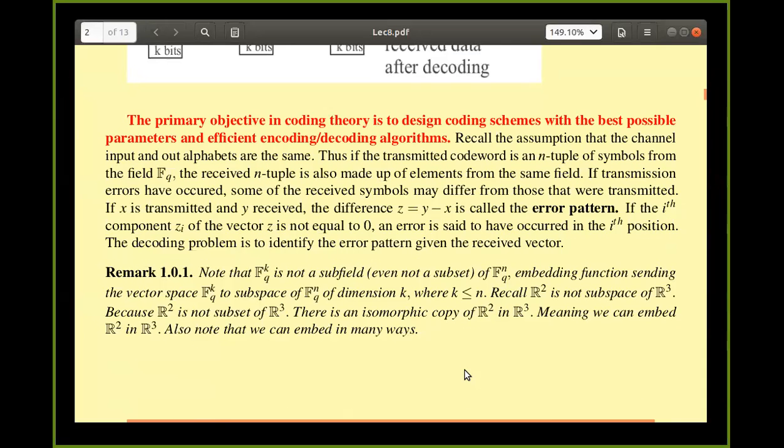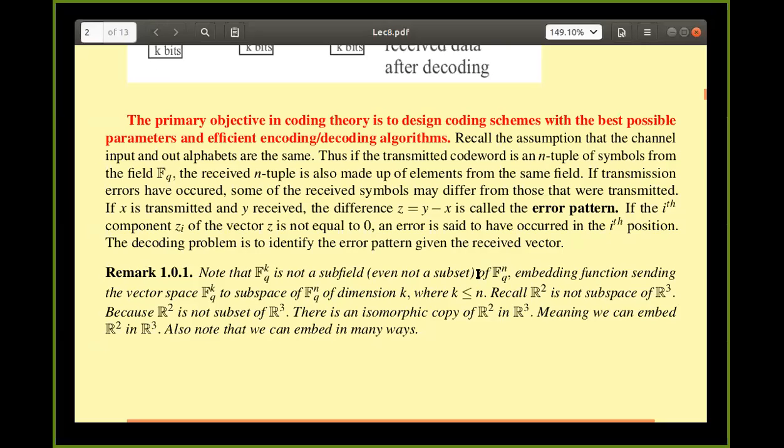But last time when you were answering, I understood that there may be some confusion, so I want to clear it up. First of all, Fq power k is not a subfield of Fq power n.